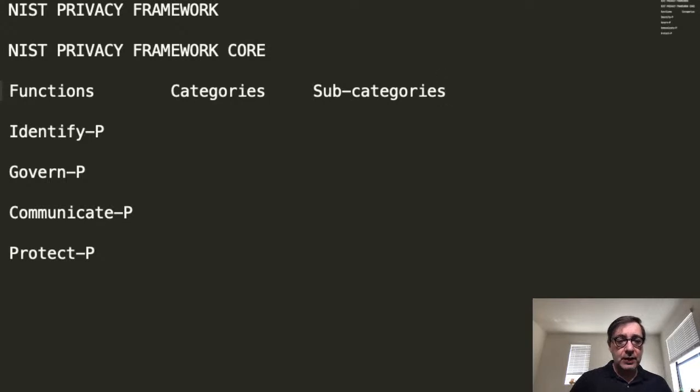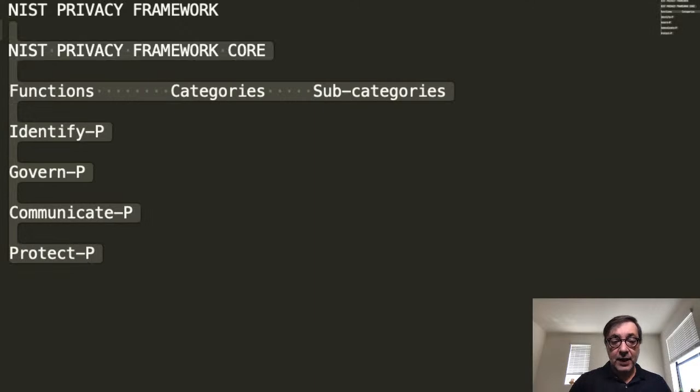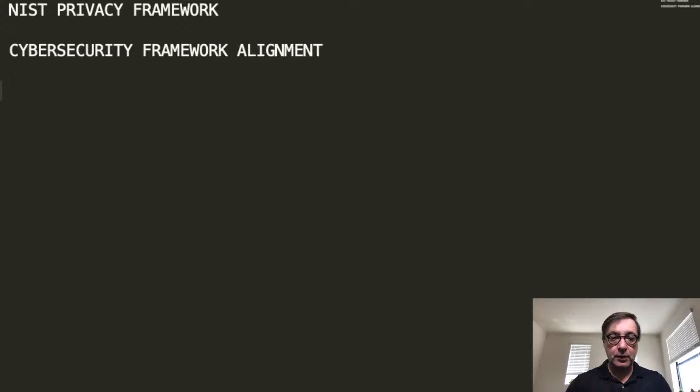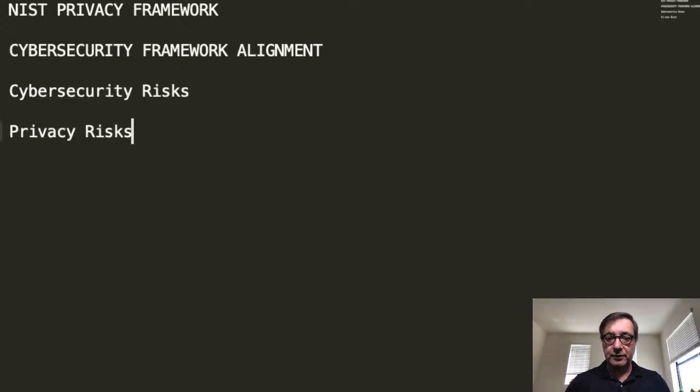Let's go back to the diagram that we talked about in the past. So let's put here cybersecurity framework alignment. Again, cybersecurity risks and privacy risks.